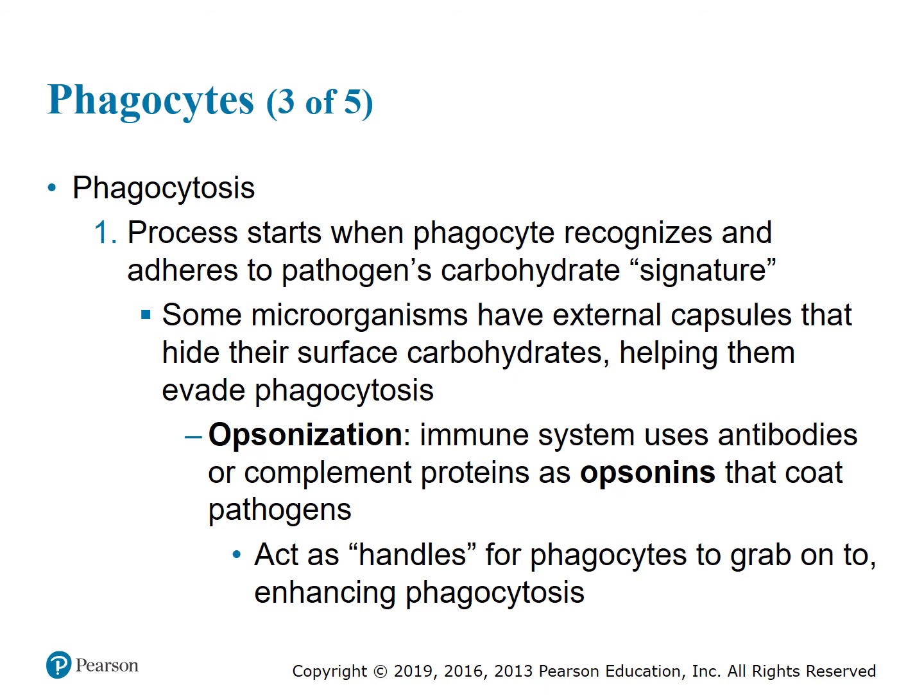Opsonization is what the immune system uses. So it's when the immune system uses antibodies or complement proteins as opsonins that will coat the pathogen, and it acts as handles for phagocytes to grab onto, really enhancing phagocytosis.